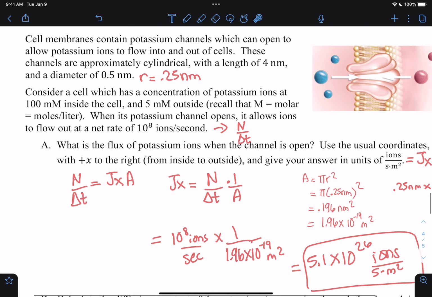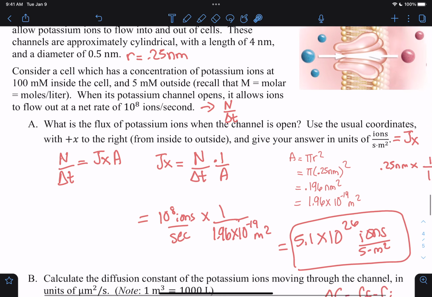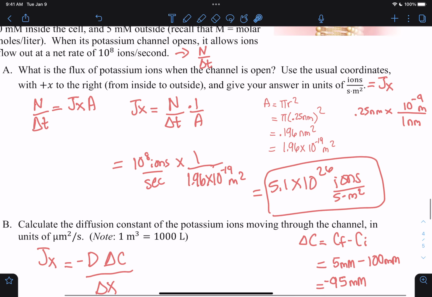So if the potassium channels are opening and allowing ions to flow out, well, if there's 100 inside and 5 on the outside and they're flowing out, then our final position would be outside, right? Our initial position would be inside. So we take our final concentration minus our initial concentration to figure out the net flow, or the change in concentration essentially, right?